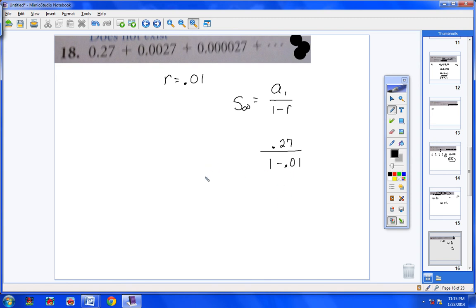Alright, well, if you type this whole thing into your calculator, first of all, 1 minus 0.01, you're going to get 0.99, and then if you take 0.27 divided by 0.99 and type it correctly, you will get out 3/11 for your answer. So we call 3/11 your sum, or you can also call it the limit of this geometric series.